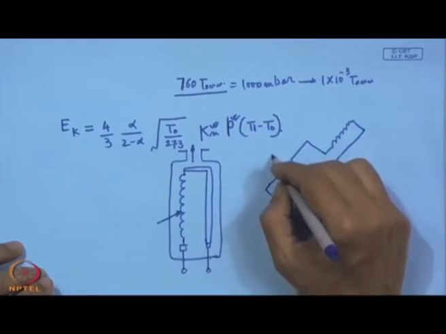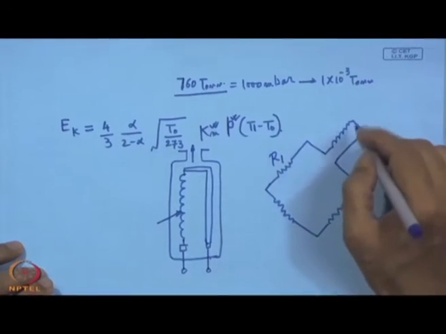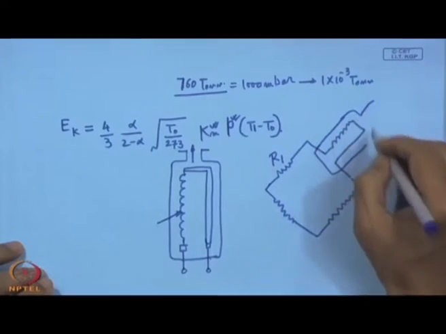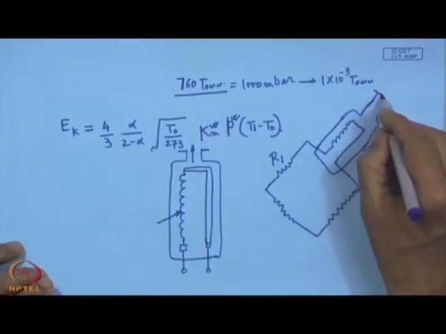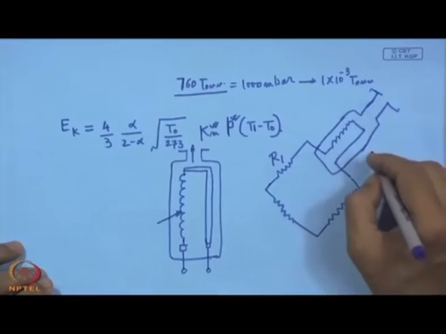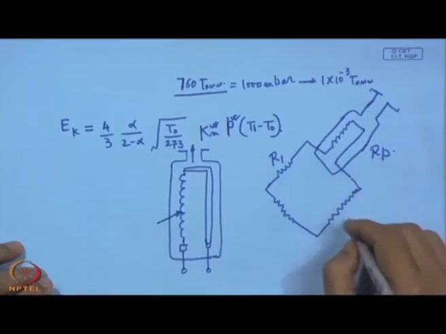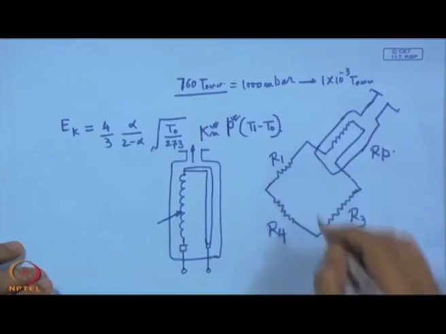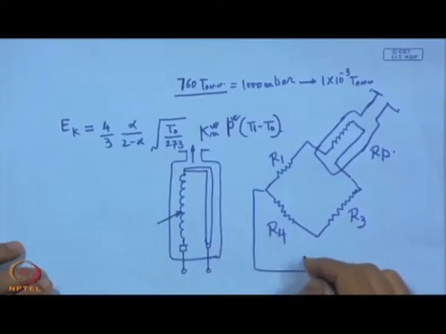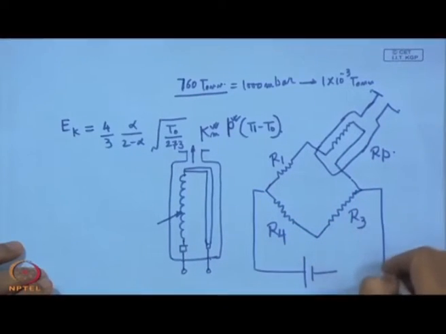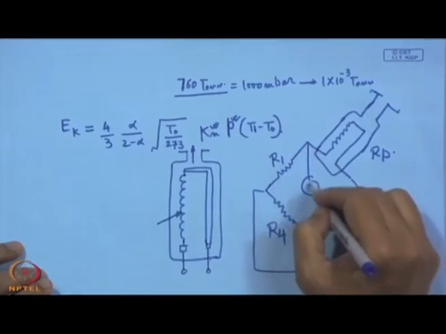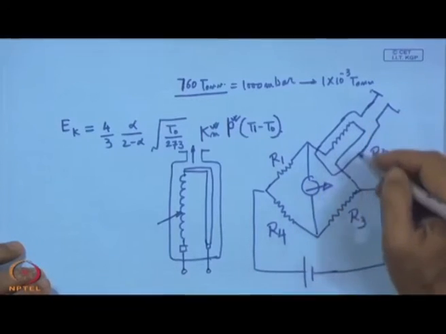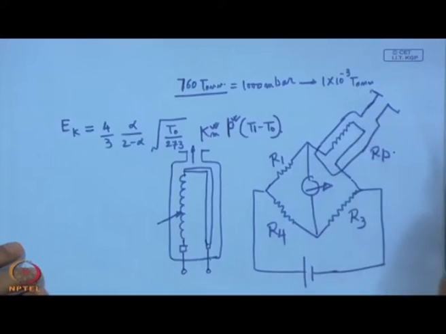Here we have, say, resistance R1, and this is the resistance connected to the vacuum chamber, say RP, and then R3 and R4. Additionally, this is the input to the bridge, and this is going to be the output of the bridge, and we are interested in this. What is the output of this bridge because of this change of pressure?